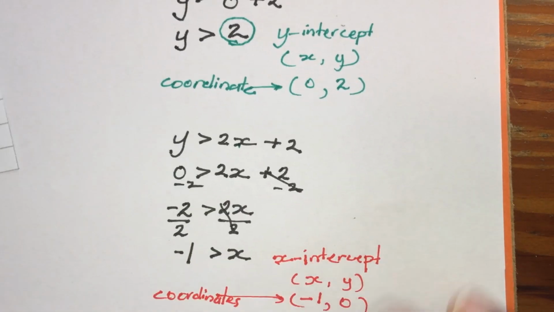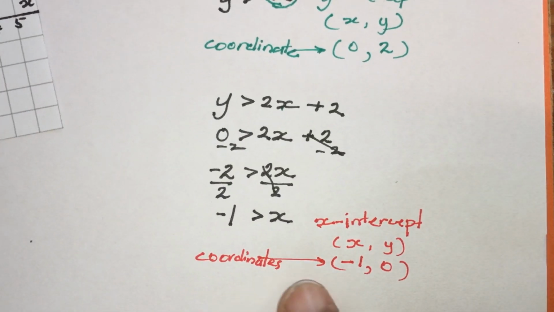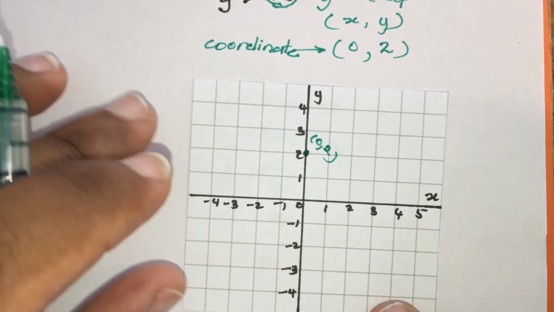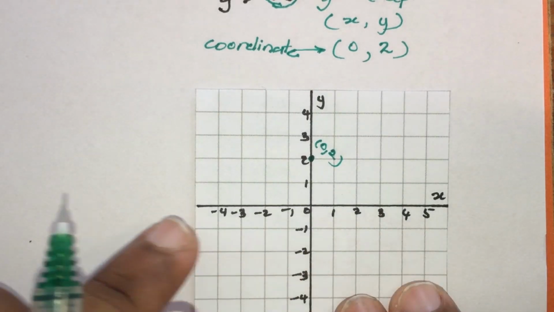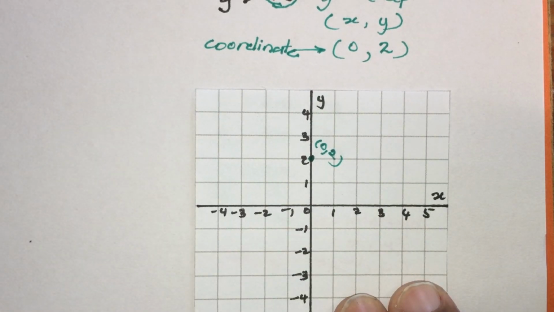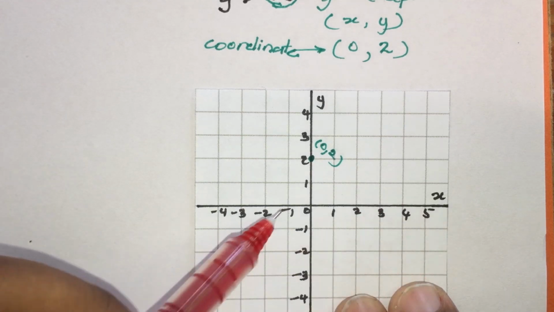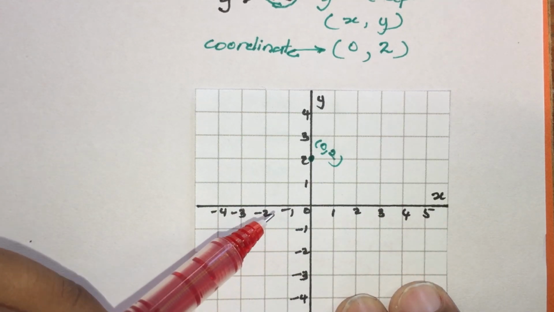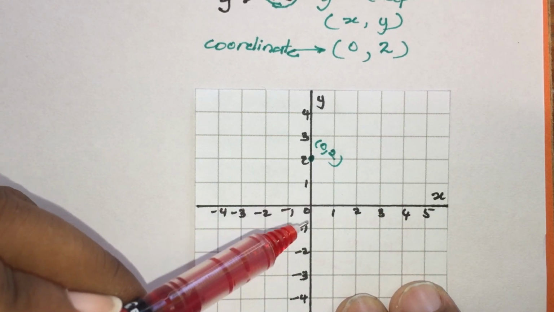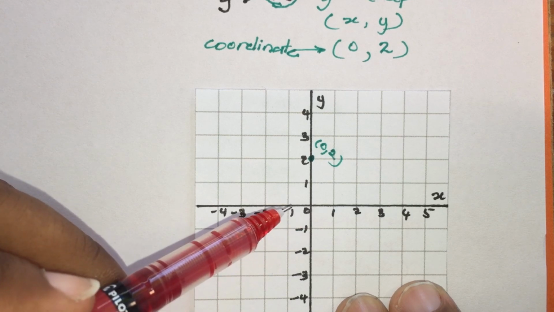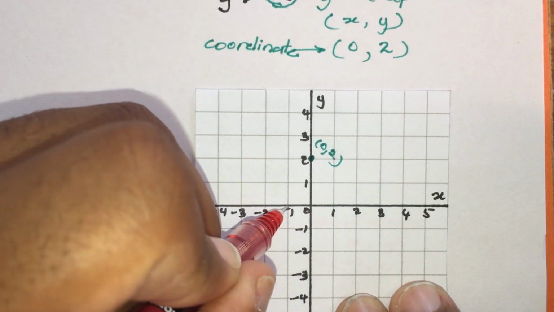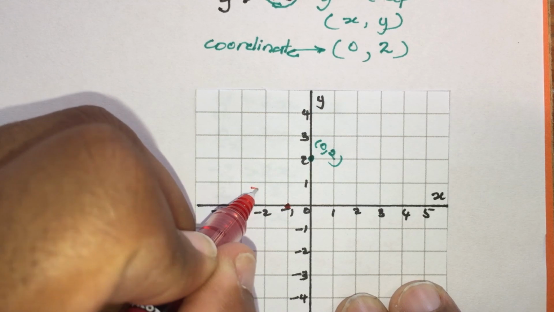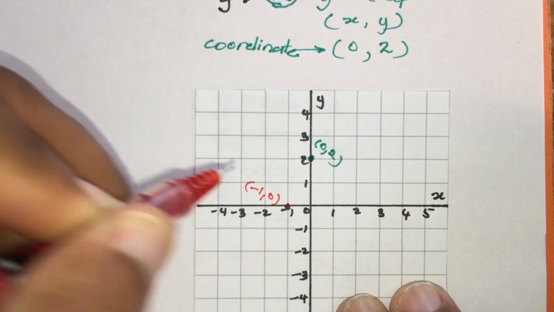Now we need to look for the x-intercept, (-1, 0). So I need to look on the x-axis for -1, which is right here, and y being equal to 0 is here. So both of them meet pretty much right here. So this is where (-1, 0) is.